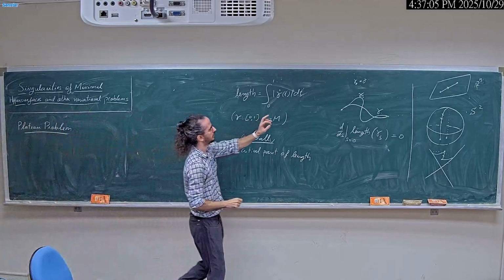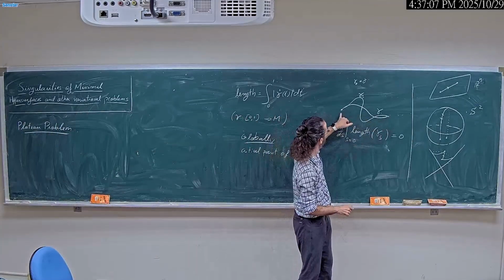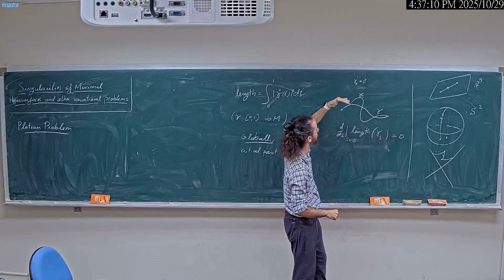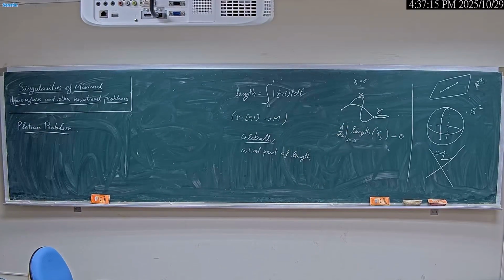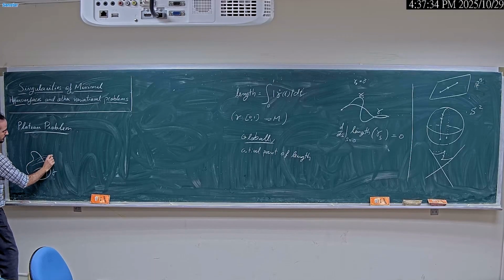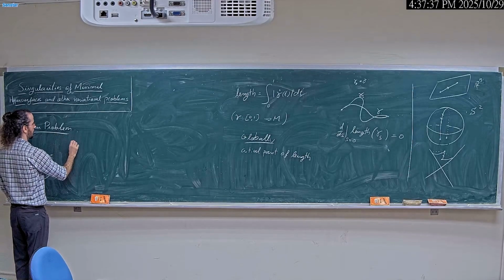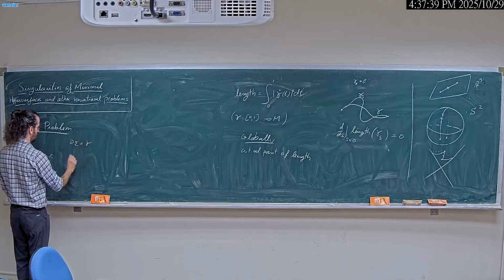The problem with geodesics: I start with 2 points, and I connect these 2 points by a curve, and I try to find the curve of least length. The corresponding problem in higher dimension: instead of starting with 2 points, I start with a certain curve, a one-dimensional object. So I push everything up by one dimension. So this is a curve, and now I'm looking for a surface, sigma, whose boundary is equal to gamma.